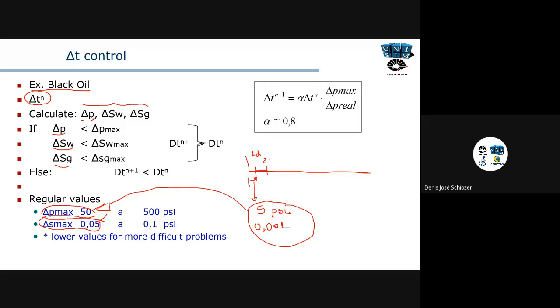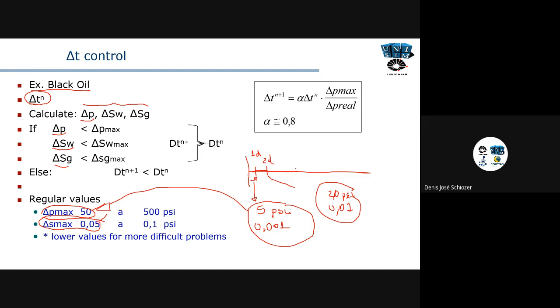Let's assume we are now doing 2 days. Let's assume that for 2 days, I have 20 psi of variation in pressure and 0.01 of saturation. These are still smaller than the maximum.